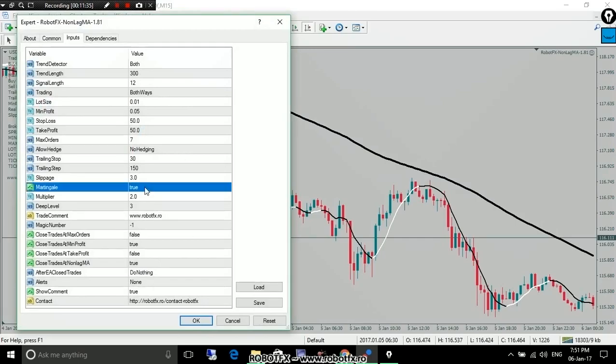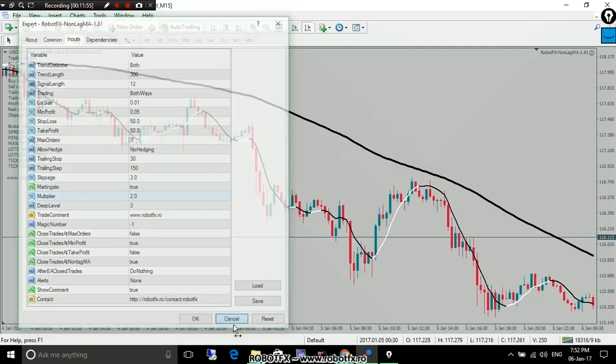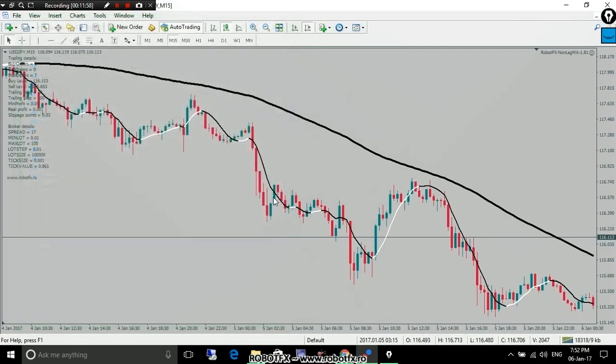What else? You have the option to use Martingale if you want. Careful with the Martingale. Let's take them one by one. These are the Martingale settings: Martingale, multiplier, and deep level. If you set the Martingale to true, the expert advisor will detect whether the previous trade was a loss or not.